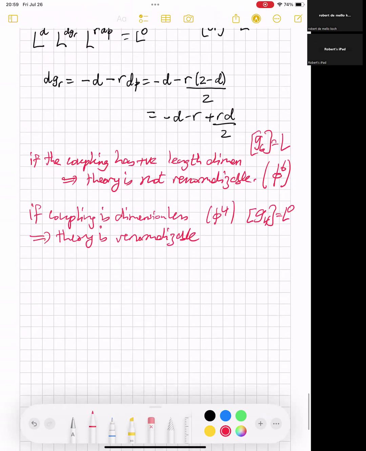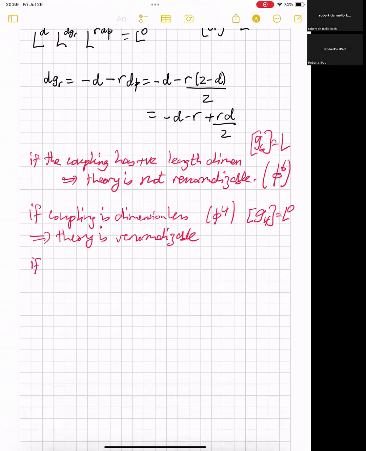And finally, if the coupling has negative length dimension, so for example, the coupling is an inverse length or inverse length squared, then the theory is super renormalizable.